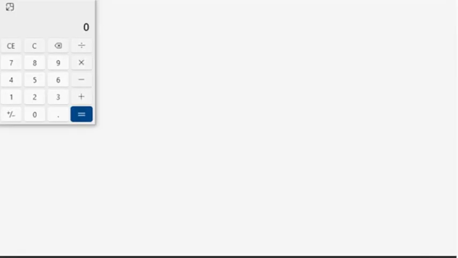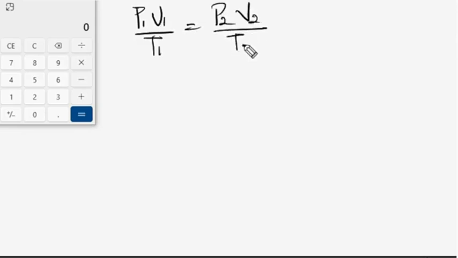So here we need to consider first of all the equation we are going to use for this calculation. So since we have temperature, we have pressure, we have volume, we're going to use our P1 V1 over T1 equals P2 V2 over T2.